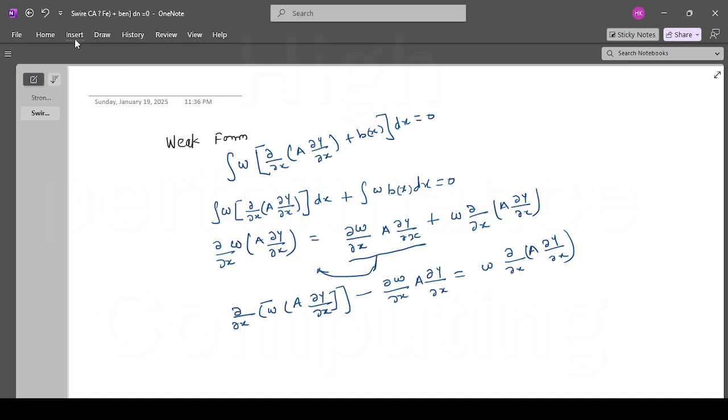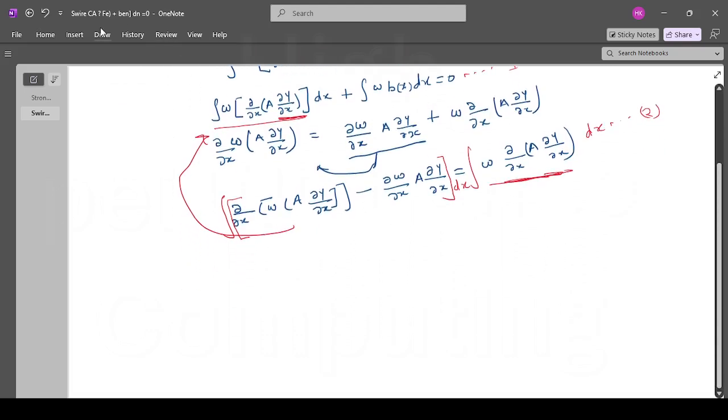Now integrate both sides with respect to x. Let me give you this equation 1 and equation 2. We put equation 2 into equation 1. This term in the RHS and this term in the LHS are equal, so we can put this here.